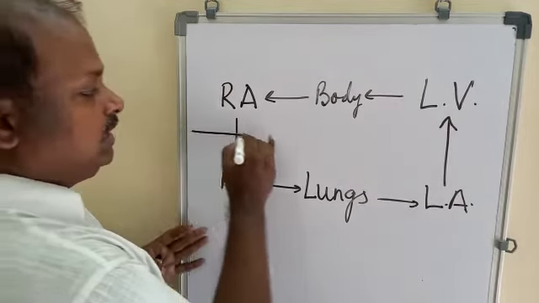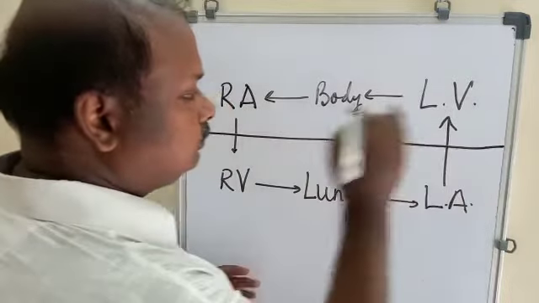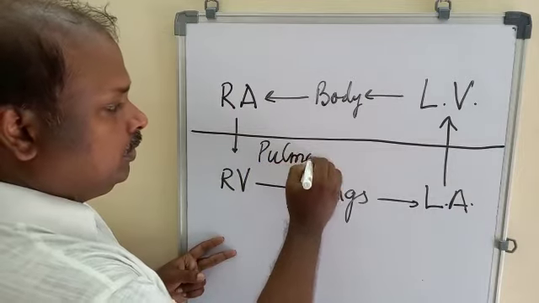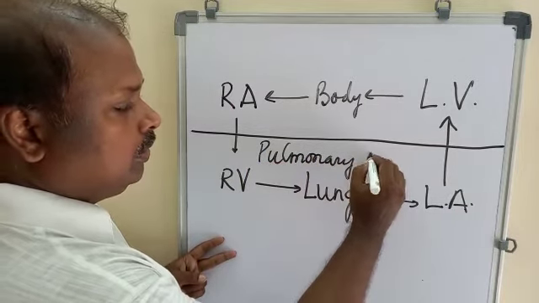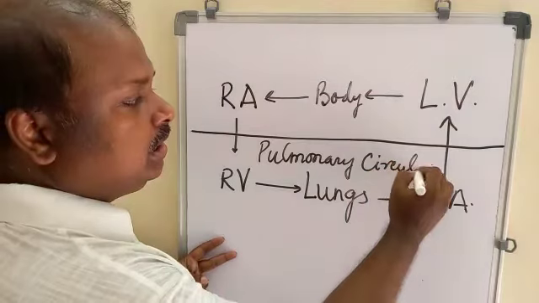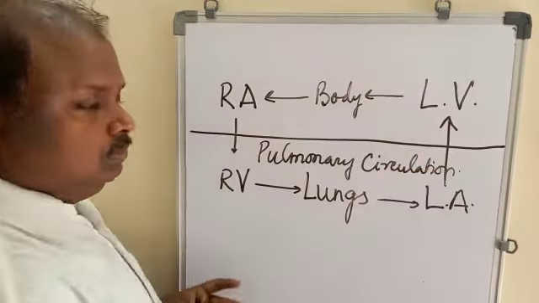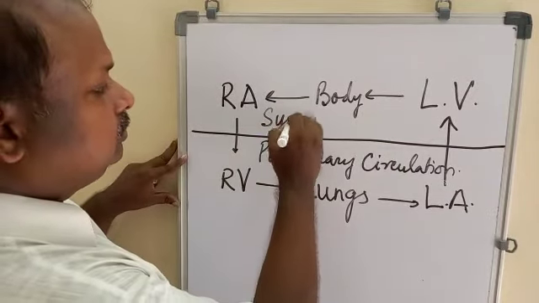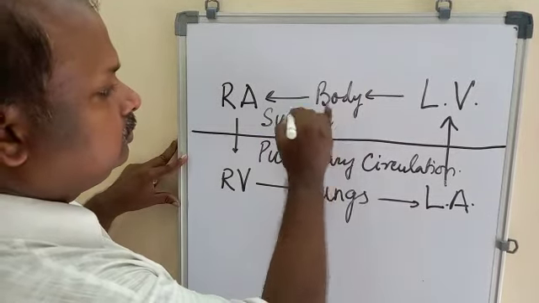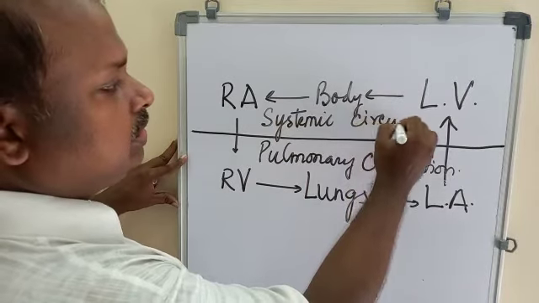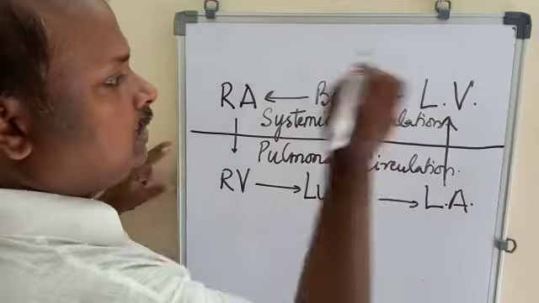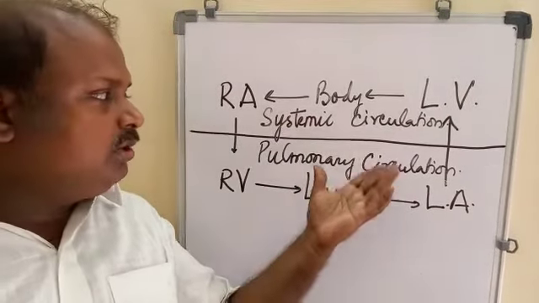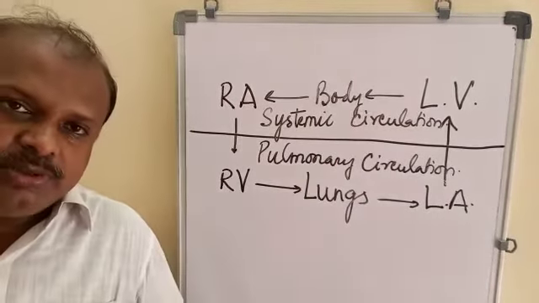So first of all, see, like this, we have pulmonary circulation, and here we have systemic circulation. This is the diagram we have. This is the pulmonary circulation and this is the systemic circulation.